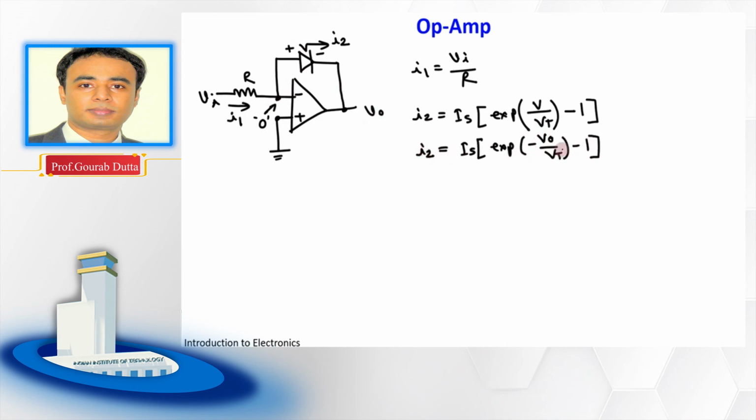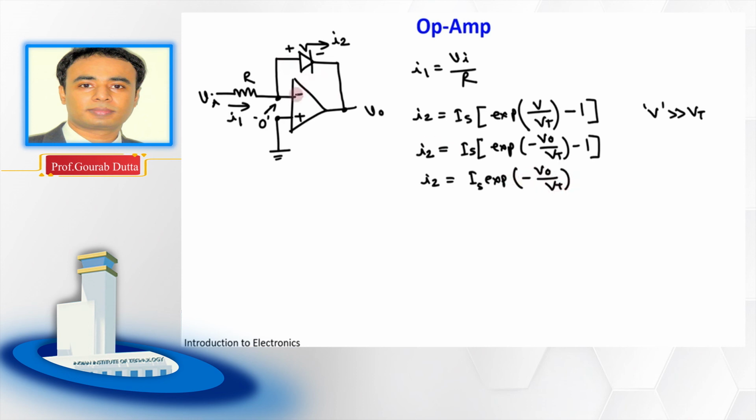This is I2. Now we have also discussed during our analysis of diode circuits that if the voltage drop across this diode is much greater than Vt, then we can neglect this one term. So in that case we can write I2 is Is into exponential of minus V output by Vt.